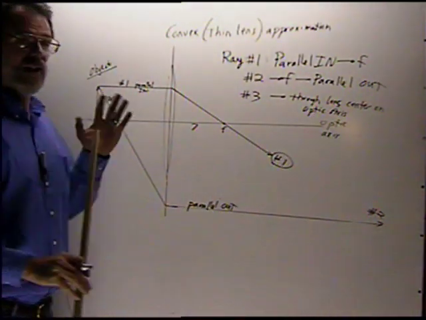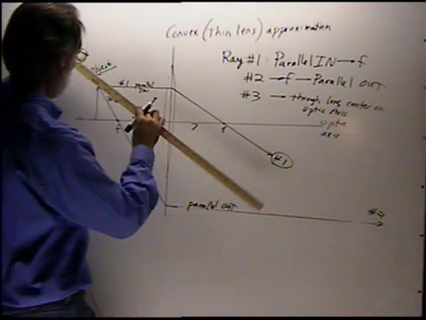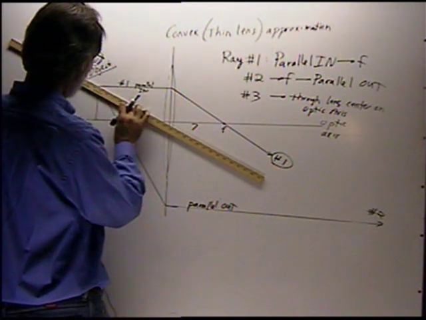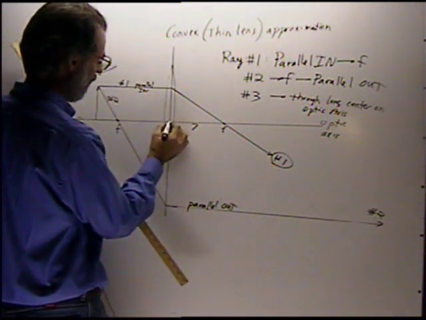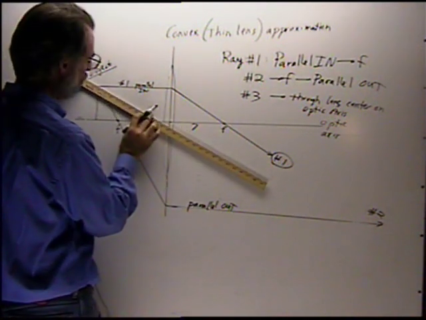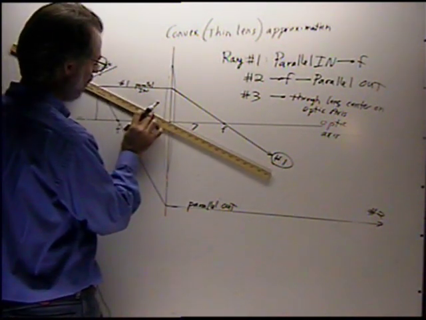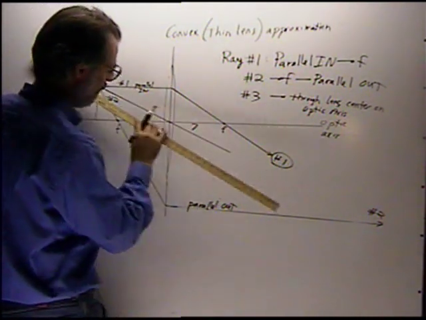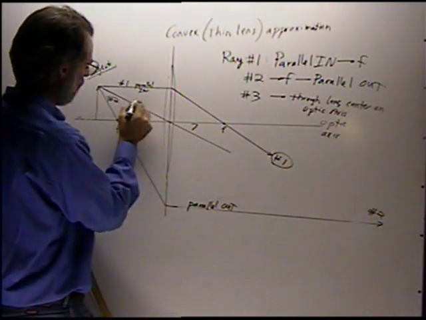It doesn't bend any. It simply goes right through. So here's the center of the lens, right on the optic axis. We simply take a ray right through the center of the lens, and it keeps on going. So here's ray number 3.